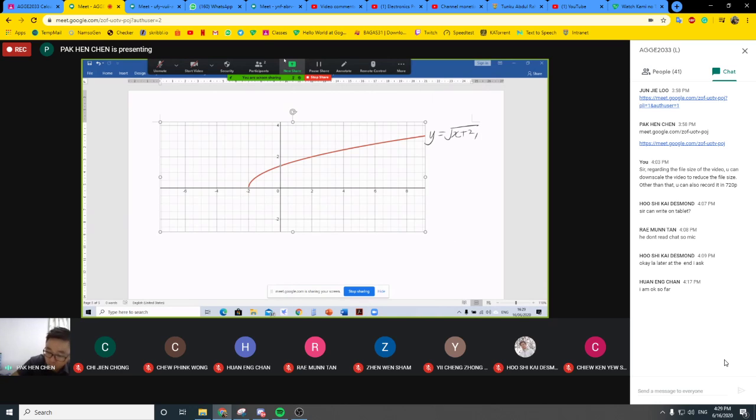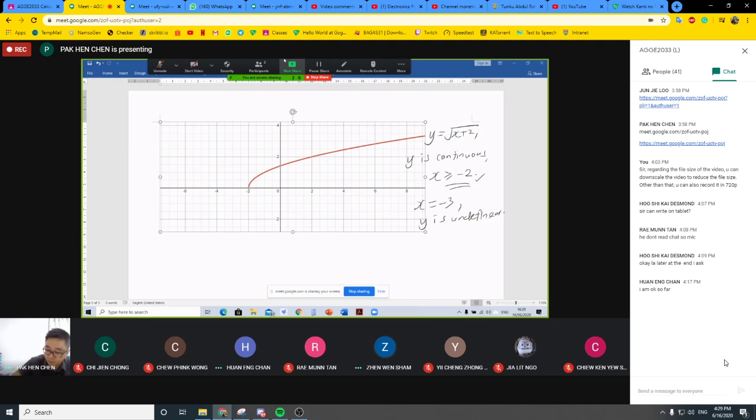I would say that y is continuous, starting from the domain of x larger than or equal to -2. Does everyone understand this statement? Yes. Because we can only see the value of y starting from x larger than or equal to -2, isn't it? When x equals -3, y is undefined. Agree or not?